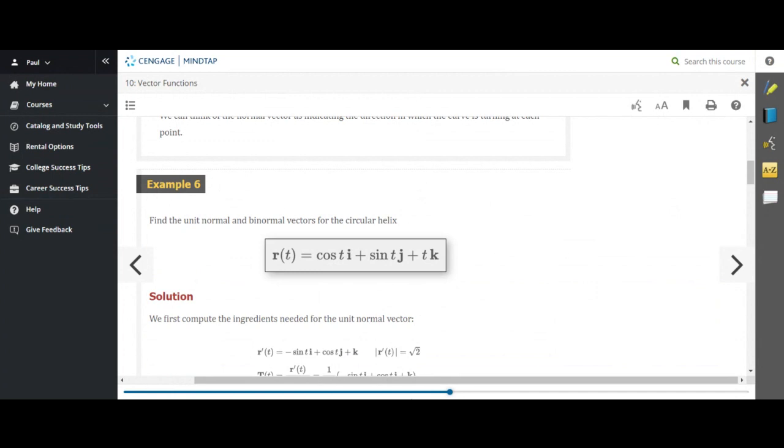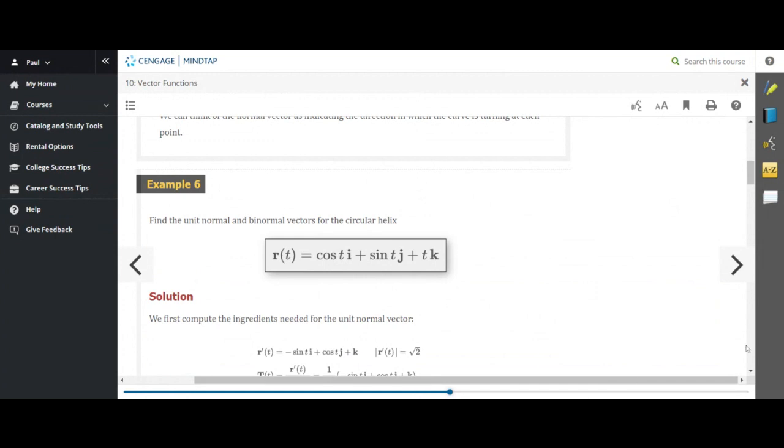That's right, Ellie. t equals pi over 2. The vector function traces out a space curve, and when time equals pi over 2, we're at the point 0, 1, pi over 2.